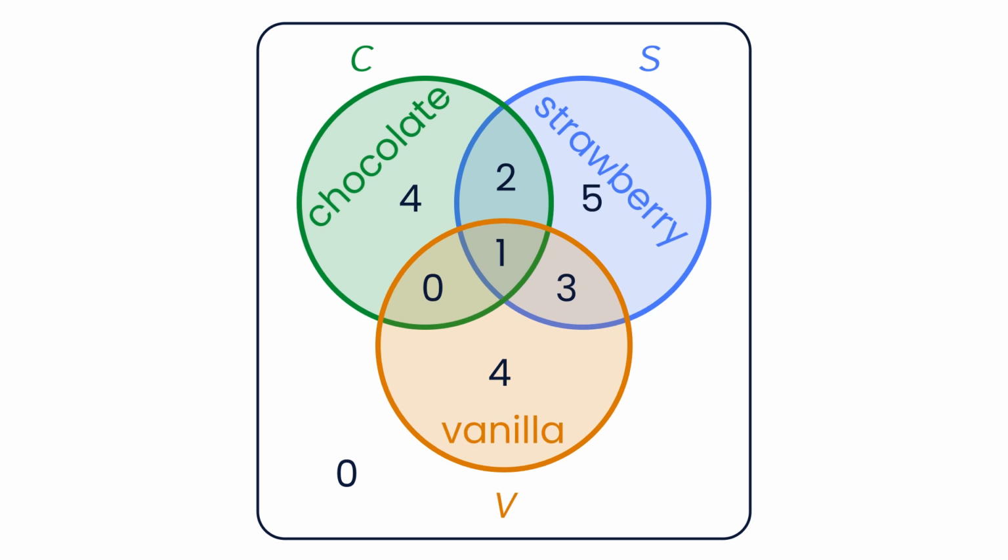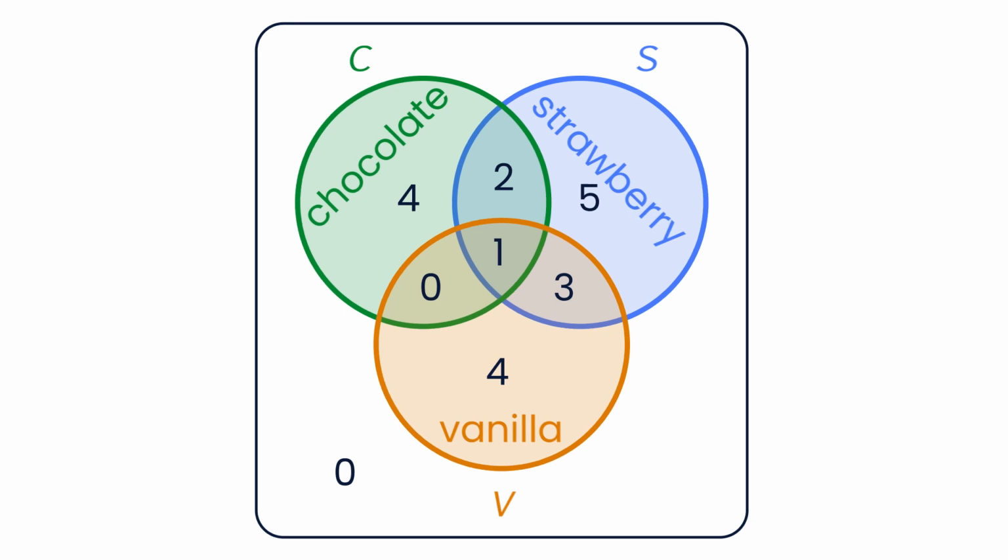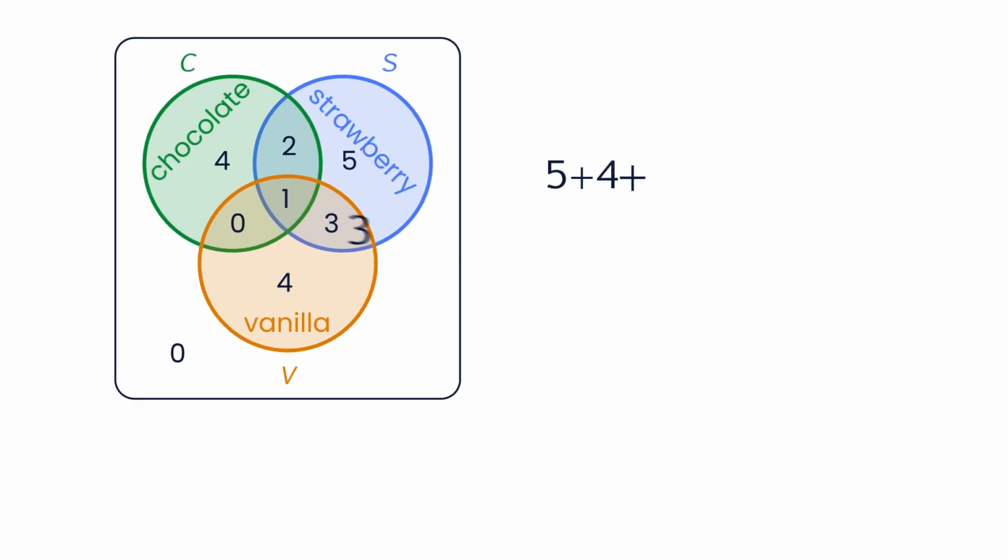Or indicates the union is what's needed. In this case, your favorable regions are those representing only strawberry, only vanilla, the intersection of strawberry and vanilla, S and V, the intersection of chocolate and strawberry, C and S, the intersection of chocolate and vanilla, C and V, and the intersection of chocolate, strawberry, and vanilla, C and S and V. So you have 5 plus 4 plus 3 plus 2 plus 0 plus 1, which equals 15.